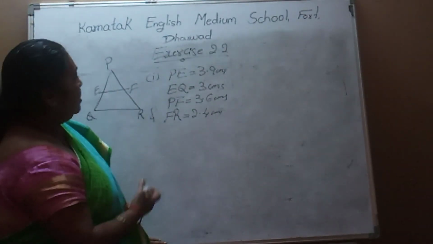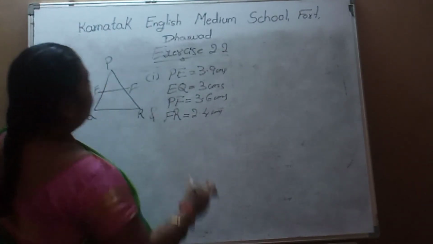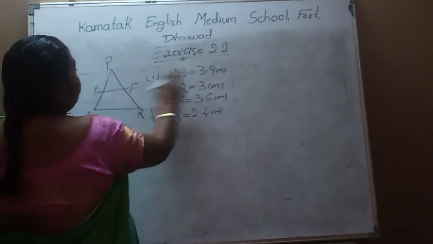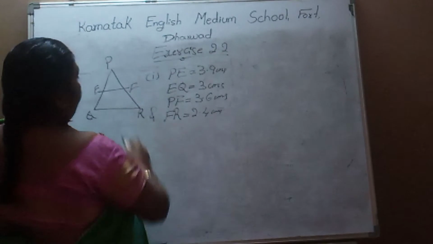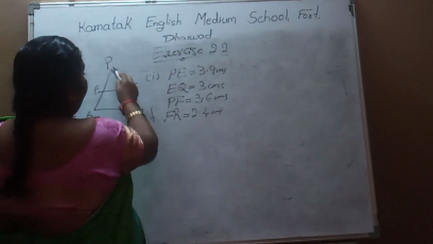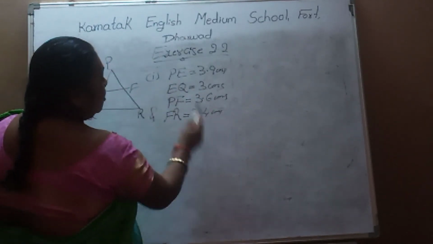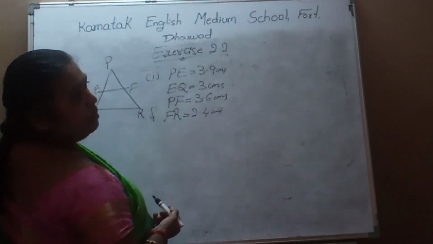So this is another problem. Here they are given PE is equal to 3.9 centimeter, EQ is equal to 3 centimeter, PF is equal to 3.6 centimeter, FR is equal to 2.4 centimeter.